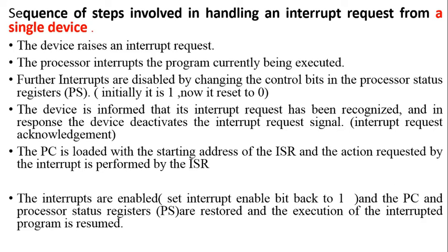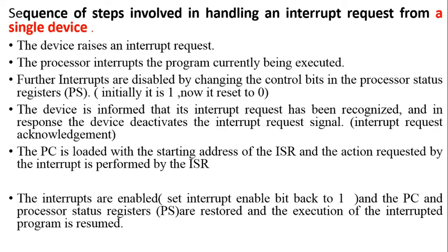That means the processor is not ready to accept any interrupt request further. After that, the processor informs the device that its interrupt request has been recognized and is going to be serviced next. In order to do that, the processor generates an interrupt acknowledgement signal.